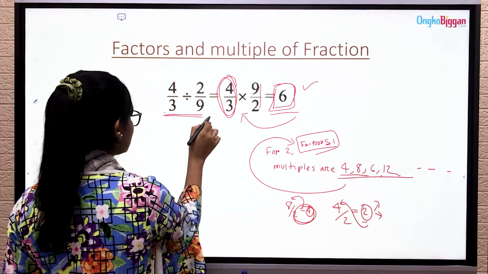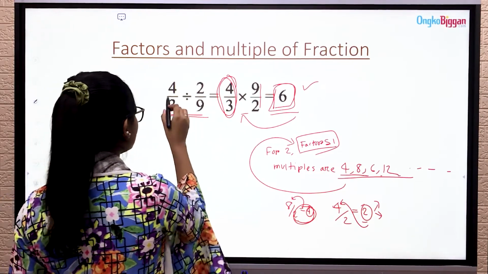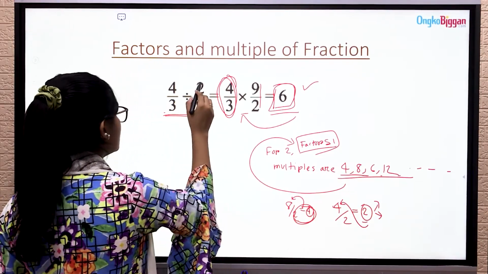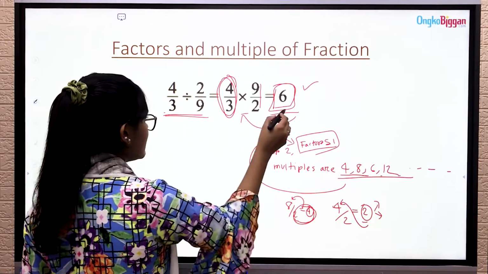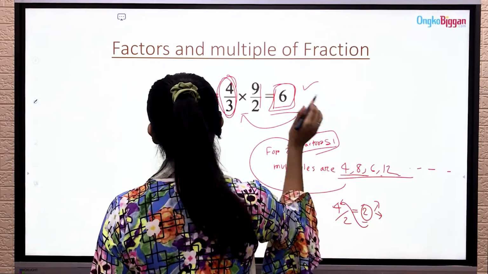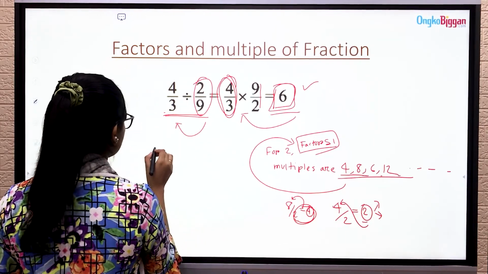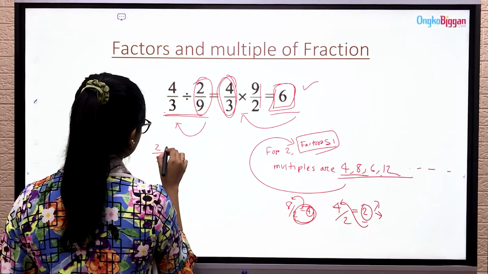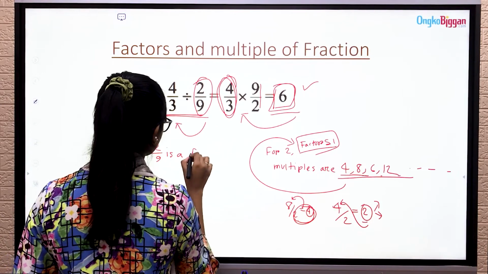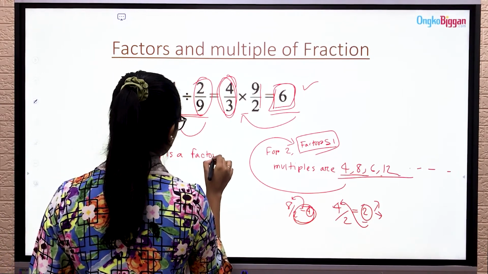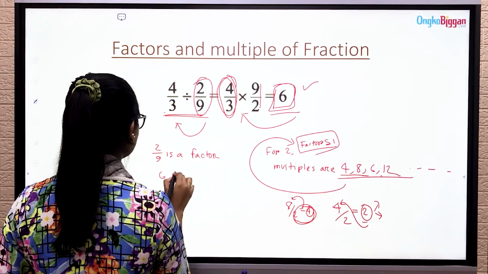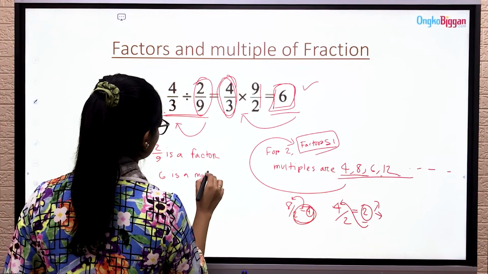And in this case, by dividing 4 by 3 with 2 by 9, we are getting 6. We are getting a whole number. That means 2 by 9 is a factor of 4 by 3, and 6 is a multiple.